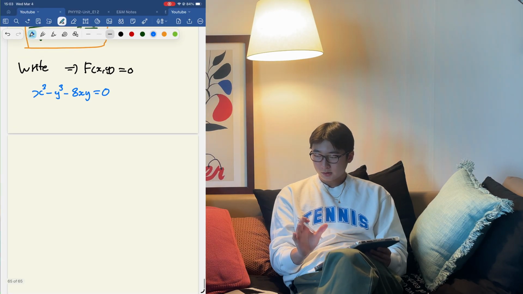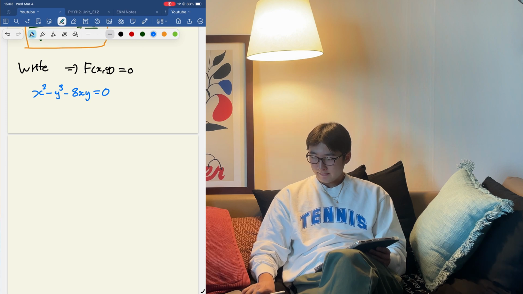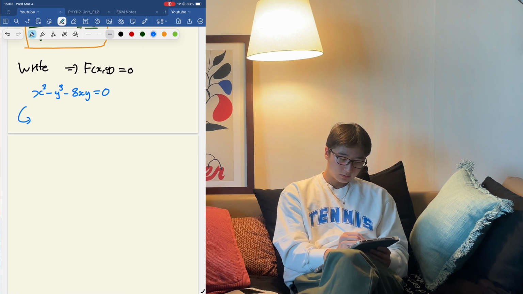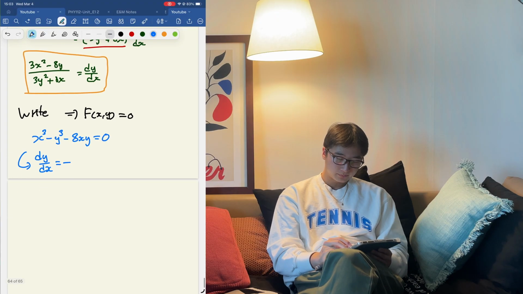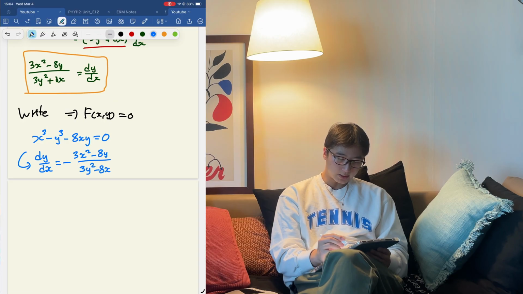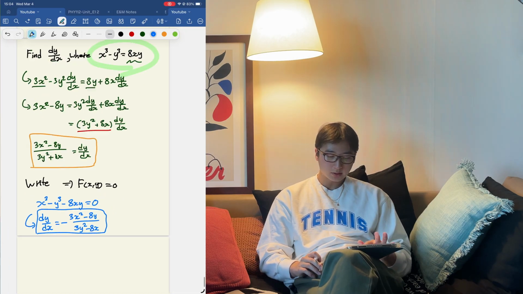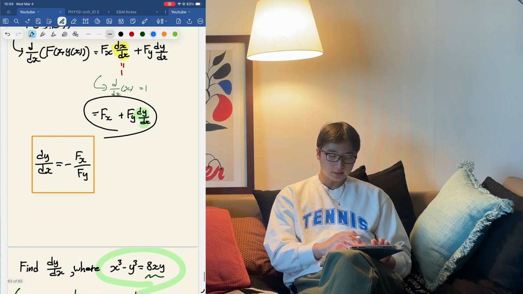And using the multivariable chain rule, we know the formula. So dy dx, we can easily see, is negative 3x squared minus 8y over 3y squared minus 8x. We get the same answer. So what it means is that this formula works.